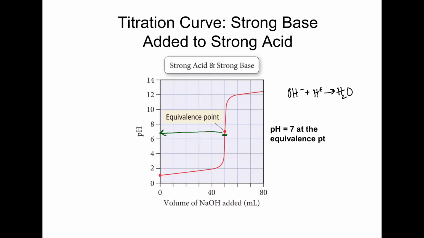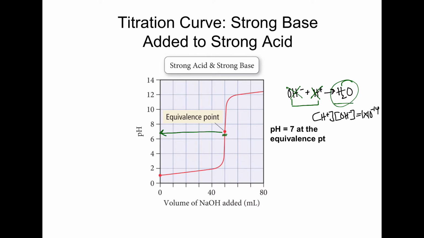And so for a strong acid, strong base, the equivalence point is going to have a pH of 7. The reason why that's true is because at the equivalence point, you've put the hydroxide and hydrogen ions in a 1-to-1 ratio with each other. They've reacted to make water. There's none of this left. There's only water. And water dissociates to make hydrogen and hydroxide ions, but only to a very small extent.